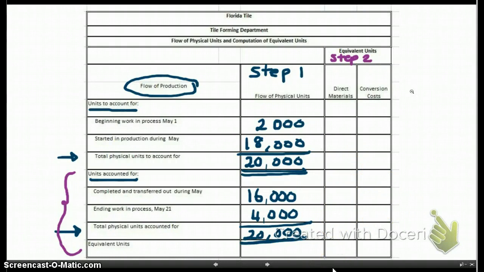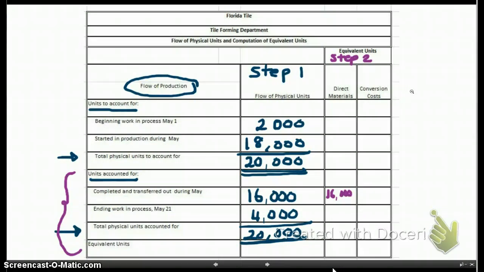So first, how many units of direct materials are there in our completed and transferred out? How complete are our completed and transferred out units? If they're completed and transferred out, they're 100% complete. So your equivalent units are 16,000 units times 100%, or 16,000.